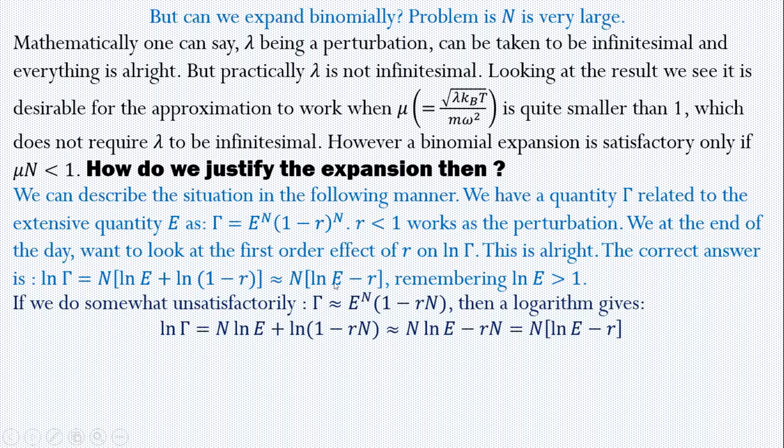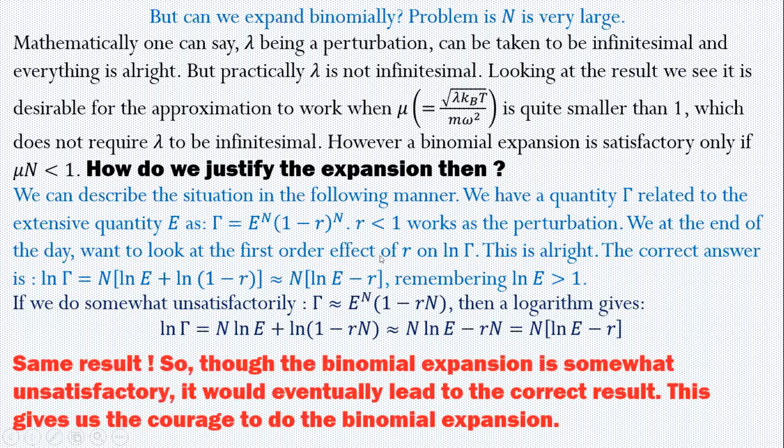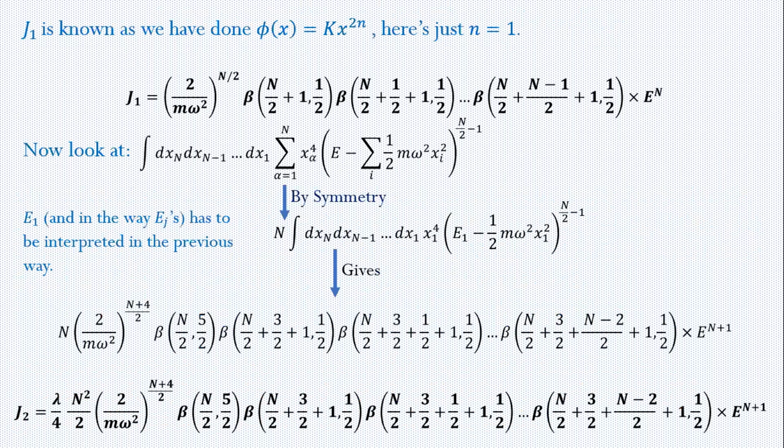So though it seems rn less than 1 is mathematically sought, as you can see, this way somehow gets to the correct result. So this gave us the courage to use that binomial expansion, though n was quite large. And as we have seen already, we have got the correct result. Thank you.